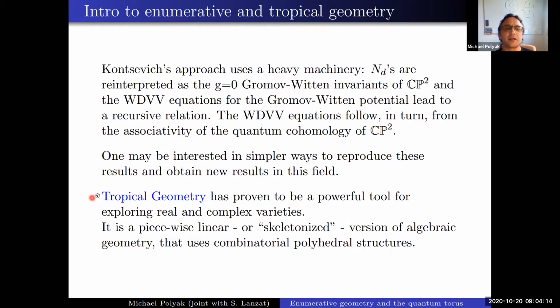So a nice setup for this is that of tropical geometry. Tropical geometry is a piecewise linear version, or skeletonized version, of algebraic geometry, and it's rather combinatorial and uses just polyhedral structures.